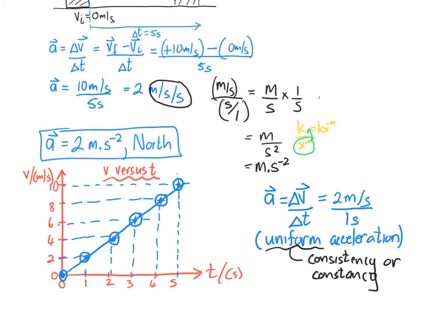So quite clearly, the velocity is not constant because the velocity is consistently increasing, but it's increasing at 2 meters per second per second. So the rate of change of the velocity is constant.